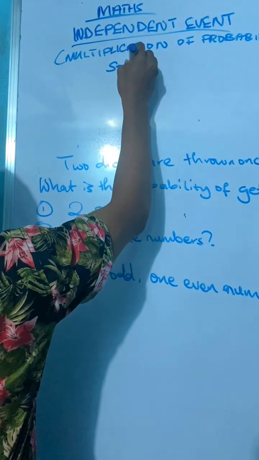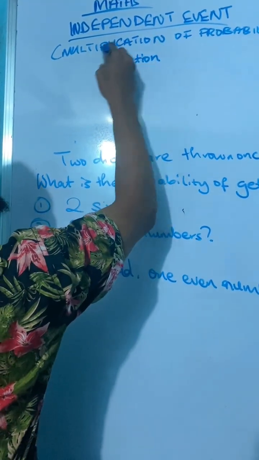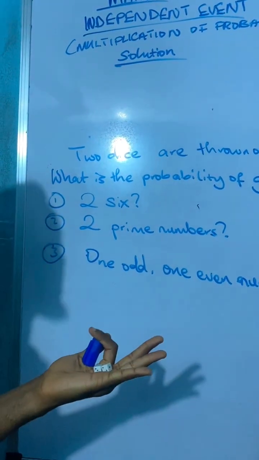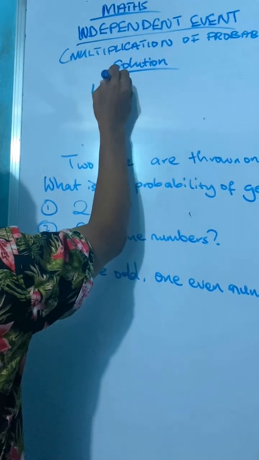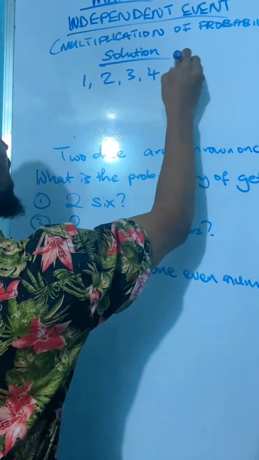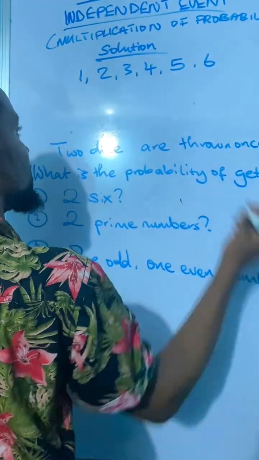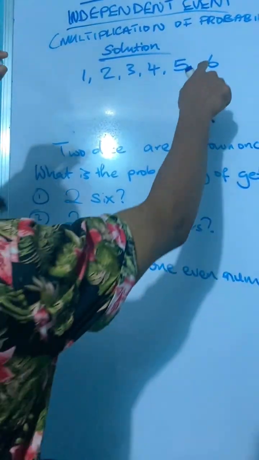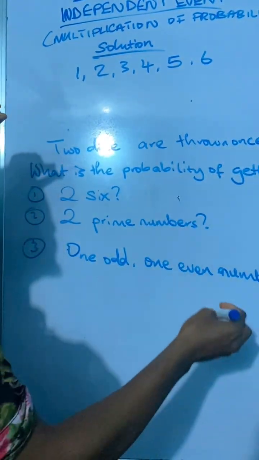For the solution, it says probability of getting 2 6. In a die, remember we have 6 numbers: 1, 2, 3, 4, 5, 6, right? The probability of getting 6 when you throw a die is just 1/6 if you have been following our videos.